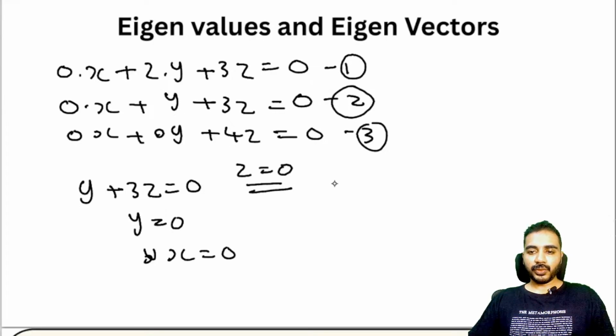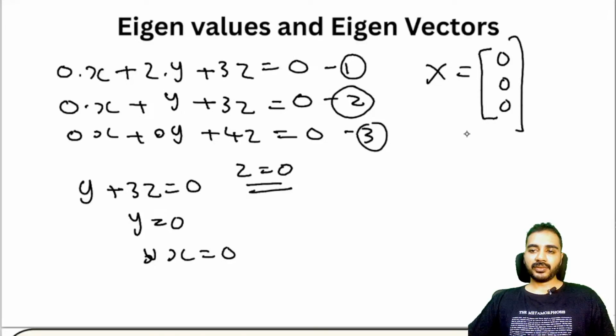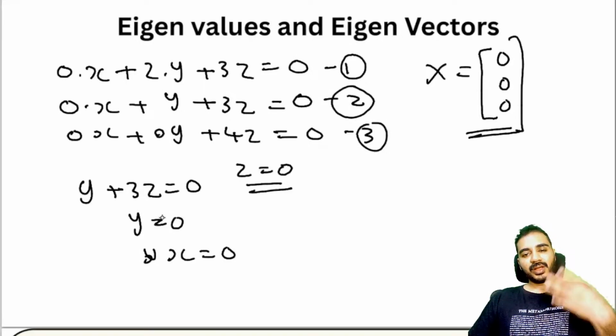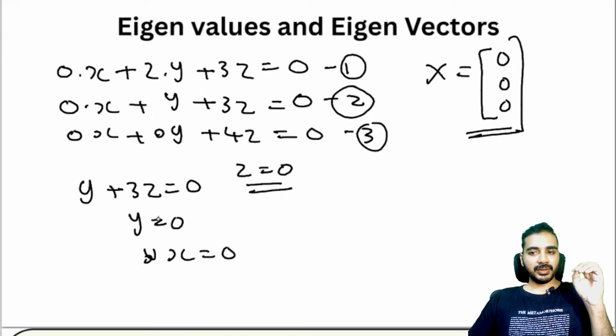So the eigenvector for lambda equal to 1 is 0, 0, 0. This is the eigenvector I got for the eigenvalue lambda equal to 1. For other values, you can calculate the eigenvectors. This is how we have to find eigenvalues and eigenvectors. For explaining that part, I have discussed this far.